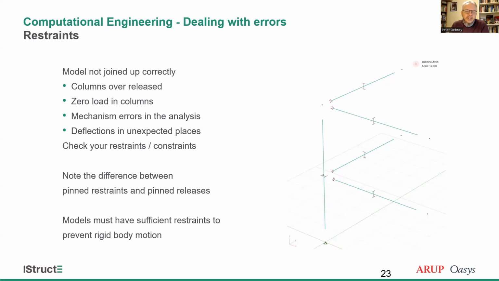So you do need to make sure that you have restraints to prevent the whole thing moving. You might not get reactions there, but you will get results. And in fact, on that note, always do check reactions, both moment and force reactions. Are they where you expect? Are you getting reactions you didn't expect?